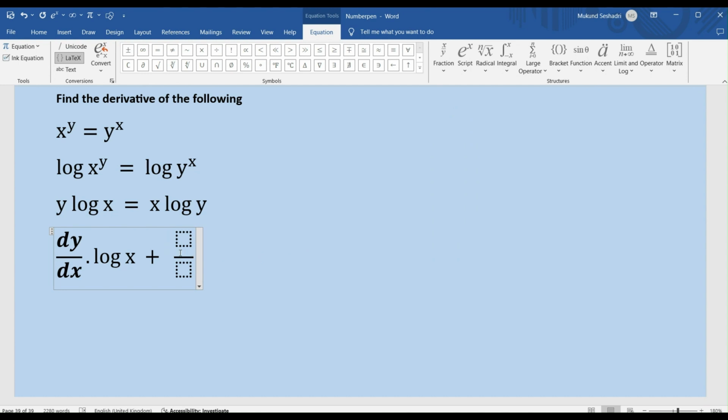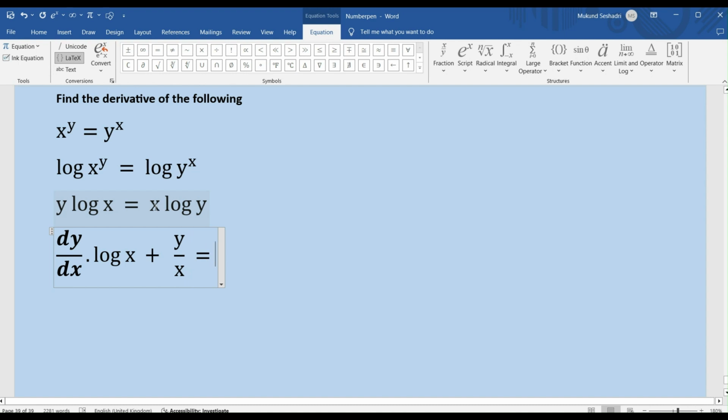So my left hand side is nothing but log x times dy by dx plus y by x, and that becomes equal to, when I differentiate the RHS, again I apply the product rule. So my first function, which is x, d by dx of x is nothing but 1, so I don't have to do much. And then I have x into d by dx of log y.